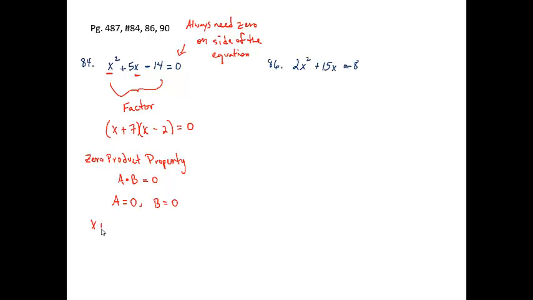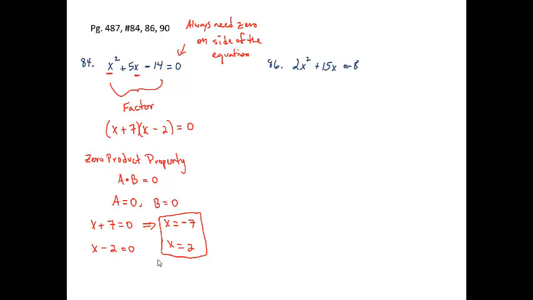That means x plus 7 must equal 0, or x minus 2 must equal 0. And then, of course, you solve. So this means x is negative 7, and this one says x is 2. Therefore, you just found your solution: x is negative 7 and x is 2. And if you wanted to, you can take this 2 or this negative 7, plug it back into the original problem, and you can verify that you'll get 0.